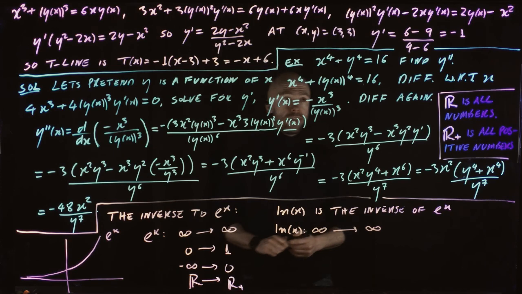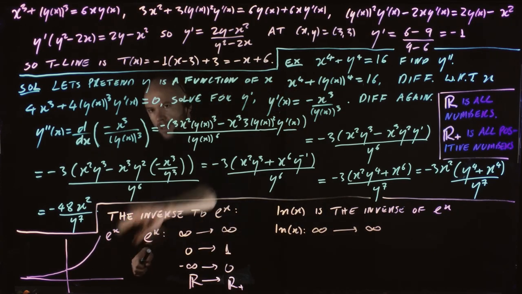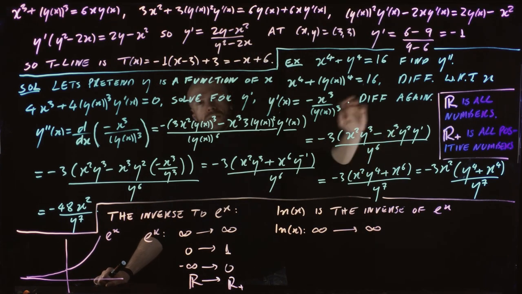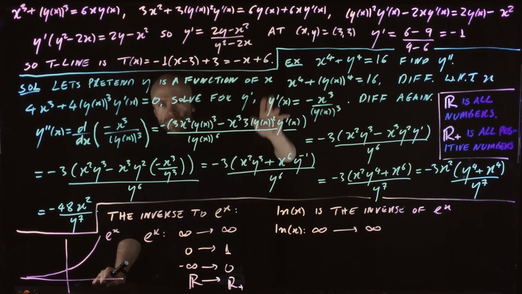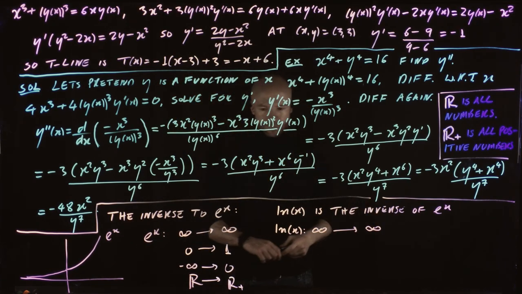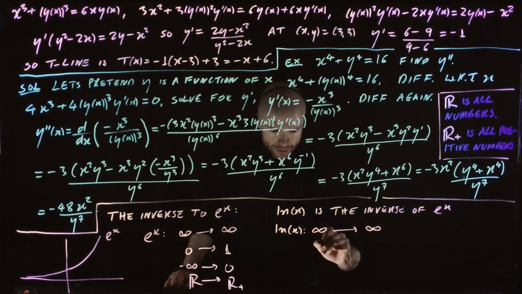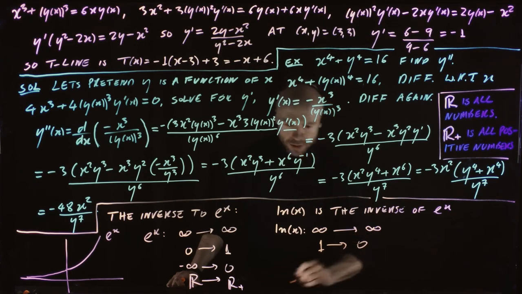It sends it in a completely different way though, because e to the x is sending x to infinity at an incredibly fast rate. So to unwrap that, to do the reverse, we have to send x to infinity at an incredibly slow rate. It also unwraps this other thing, so it's going to send 1 to 0.